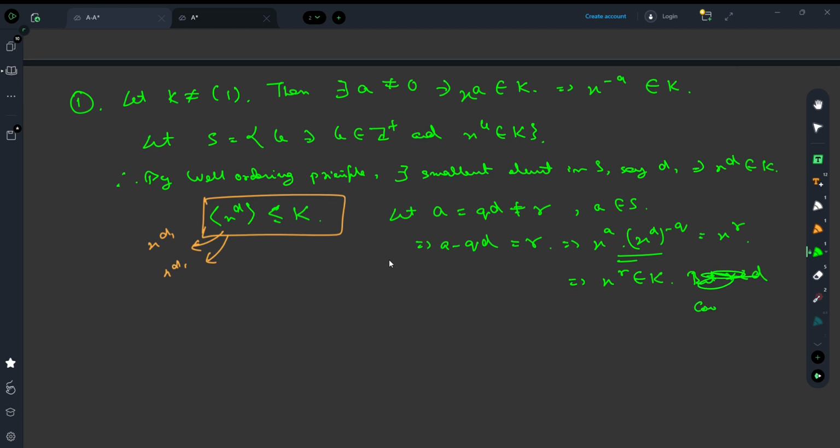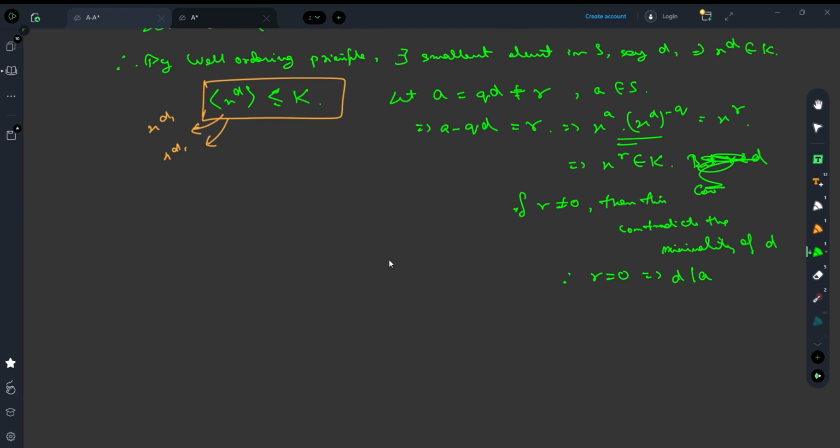If r is non-zero, then this contradicts the minimality of d. Therefore, r needs to be 0. This implies d indeed divides a, right?